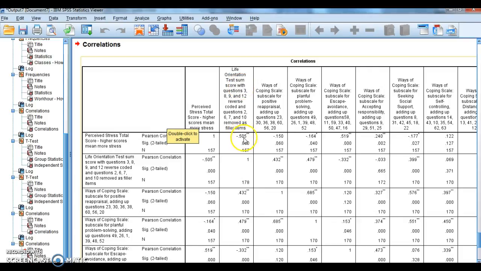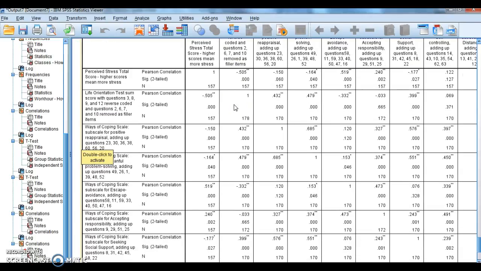And sure enough, look at this nice magnitude and a negative correlation, and it's significant. It's less than 0.001. So this is saying that people who are higher on optimism have lower perceived stress. This is a negative correlation. You could flip that around and also say people who are higher on stress have lower optimism.